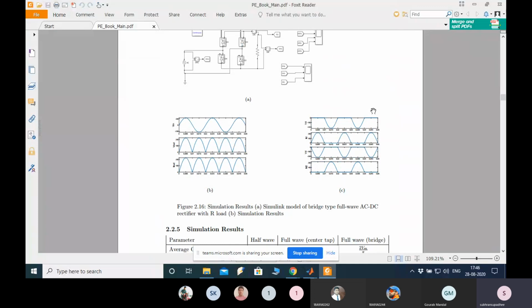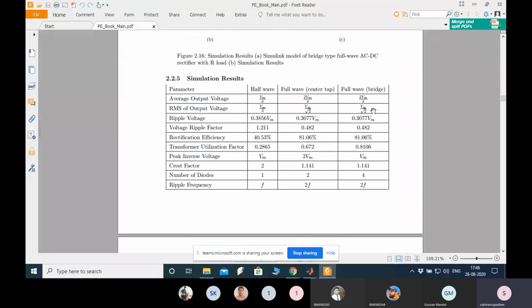Bridge type, yesterday we have seen, and we see the comparative analysis between the half wave, full wave center tap, as well as full wave bridge. Initially in half wave, the average output voltage is Vm by pi, whereas in full wave it is 2 Vm by pi, and in bridge it is 2 Vm by pi. RMS is Vm by 2, whereas in full wave it is Vm by root 2. Ripple voltage is 0.3856 Vm, around 0.3077 Vm.